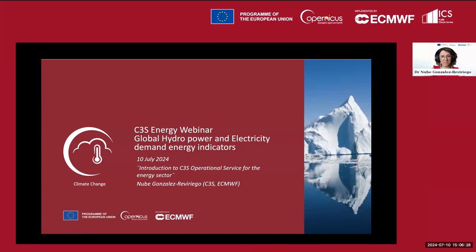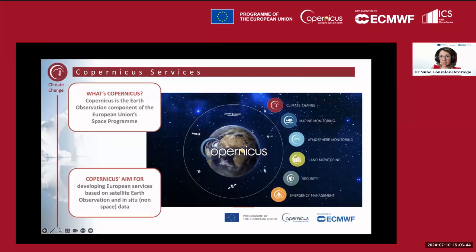Thank you very much, Alberto. I would like to welcome all the participants in this webinar on the side of the Copernicus Climate Change Service. And for those that are not very familiar with Copernicus, it is the Earth observation component of the European Union's space program.